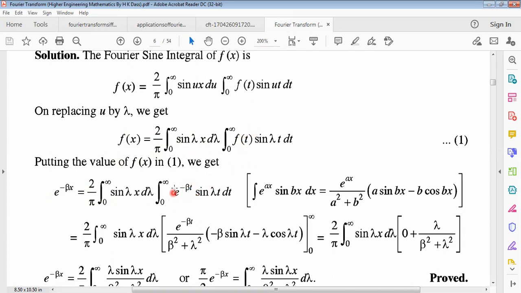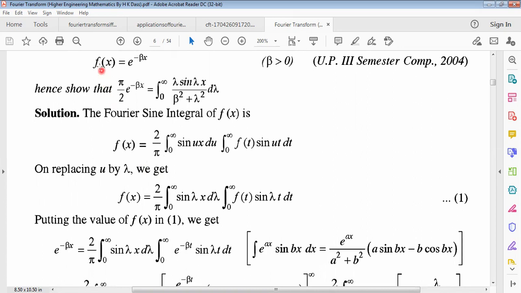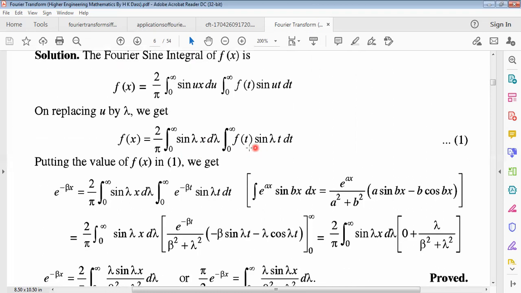Remember it, from the given function f of x, f of t is e to the power minus beta t, just replacing x by t. So we get e to the power minus beta t sine lambda t dt, after putting the value of the given function.